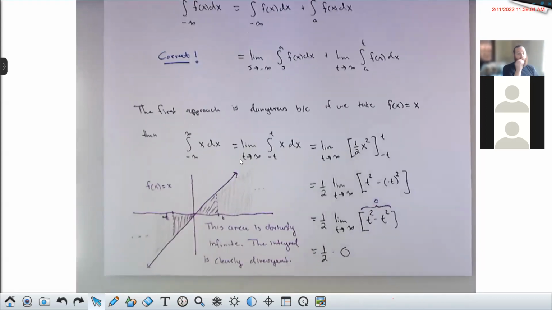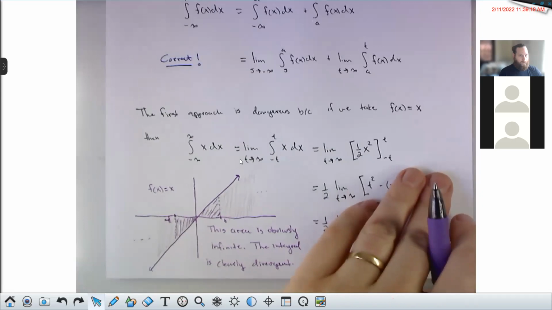Okay, so I just wanted to address that. If you're given an integral from negative infinity to infinity, split it up. Split it up into two normal type 1 integrals where only one of the bounds is infinite, and then evaluate both of those separately. Okay.